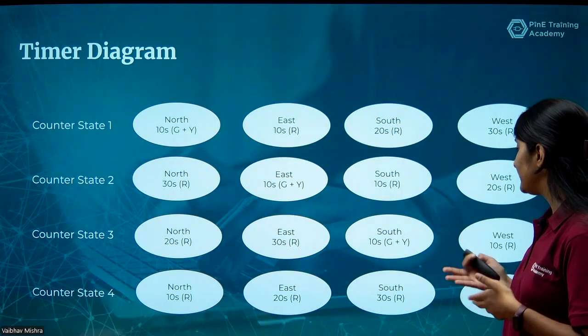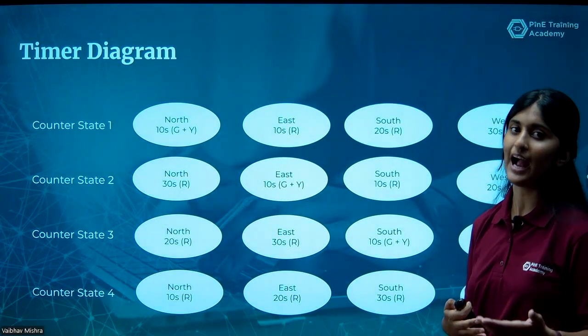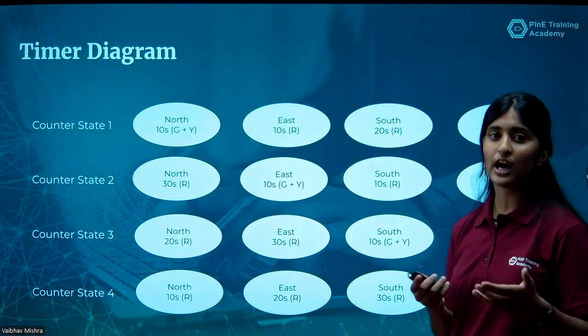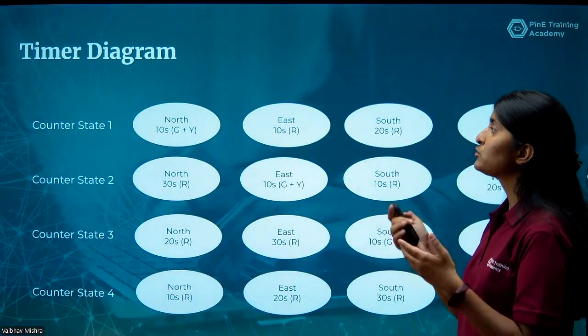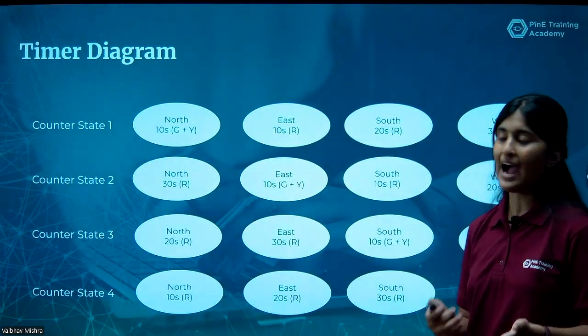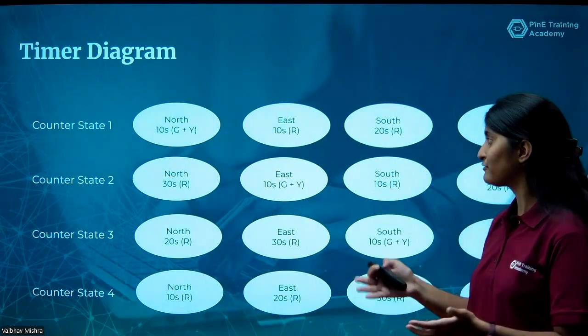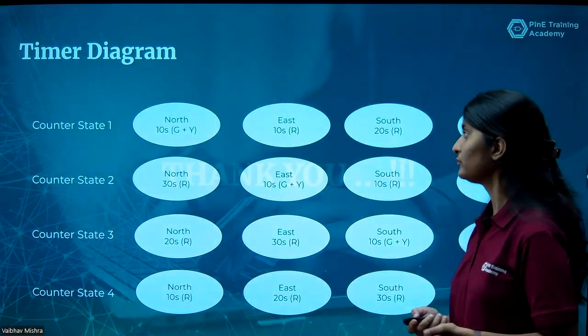Depending on that, the south is red for 30 seconds, east is red for 20 seconds, and north is red for 10 seconds. After counter state 4 has completed, the FSM will enter counter state 1 again, and north will be green plus yellow again after 30 seconds, and the cycle will continue.